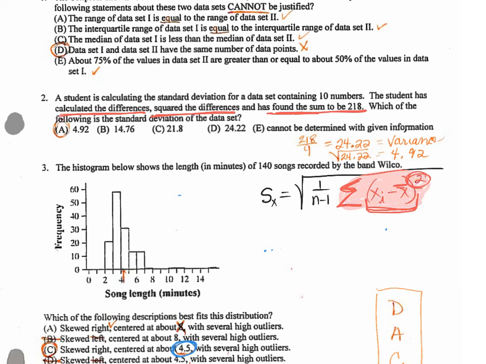The sum of all those squared differences is the value 218. So now how do we finish this out? Divide by n minus 1, or multiply by 1 over n minus 1. So you take 218 and divide by 9. That's the variance, so the final step is to square root that. So the square root of 24.22 is 4.92.